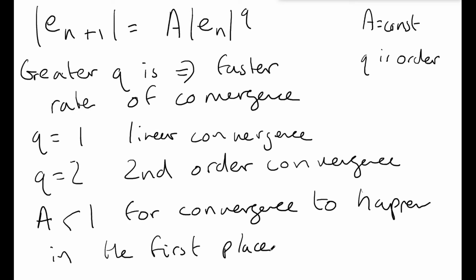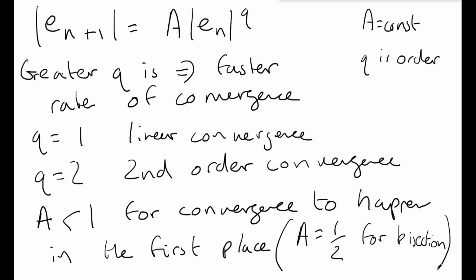So for bisection, a is simply half, yeah? The width halves each time. Of course, we're working in terms of maximum error, but the same principle carries over.